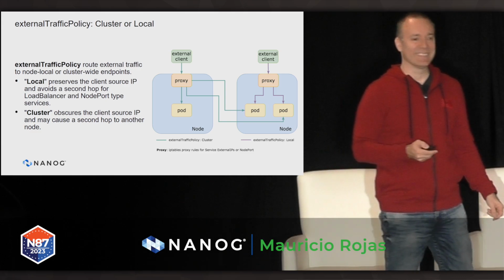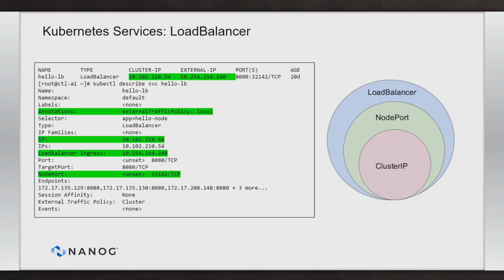Okay. Then, like I told you, we have many services. The load balancer, in order to be created, first needs a cluster IP service. Then it's going to create the NodePort, and then it's going to define all the rules in your local load balancer in order to access that application through the NodePort that you just specified.